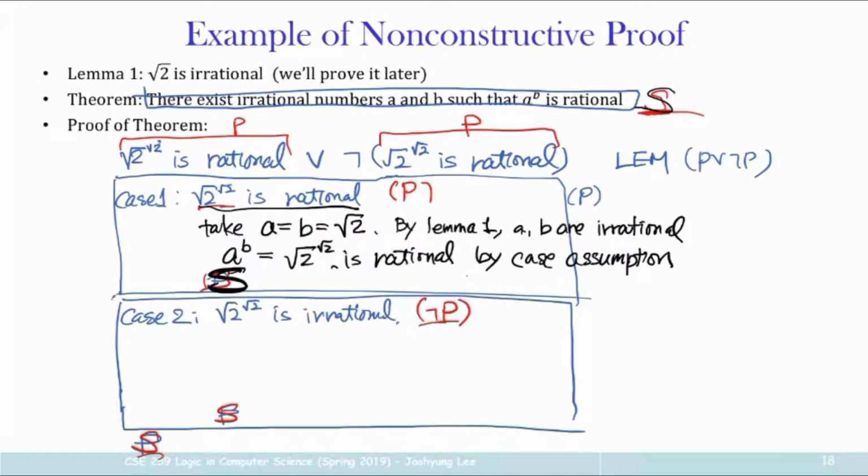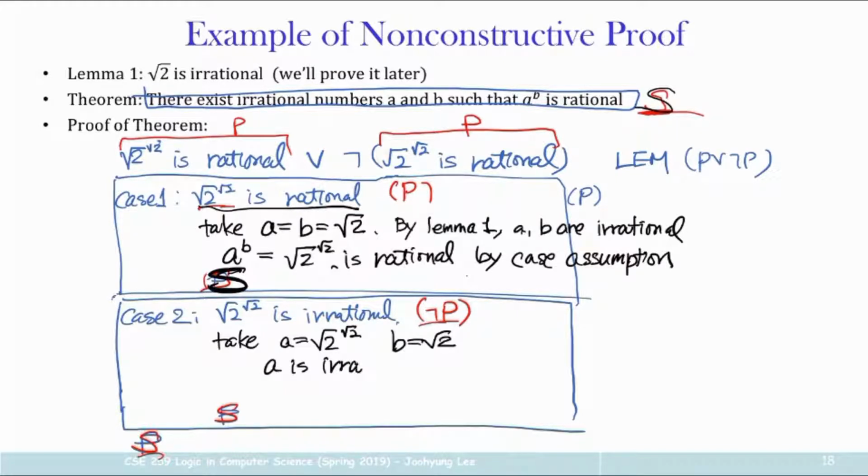Now for case 2, I'm going to change a and b this way. I'm going to use this as a and use this as b. Can you prove S from this? First, is a irrational? a is irrational.